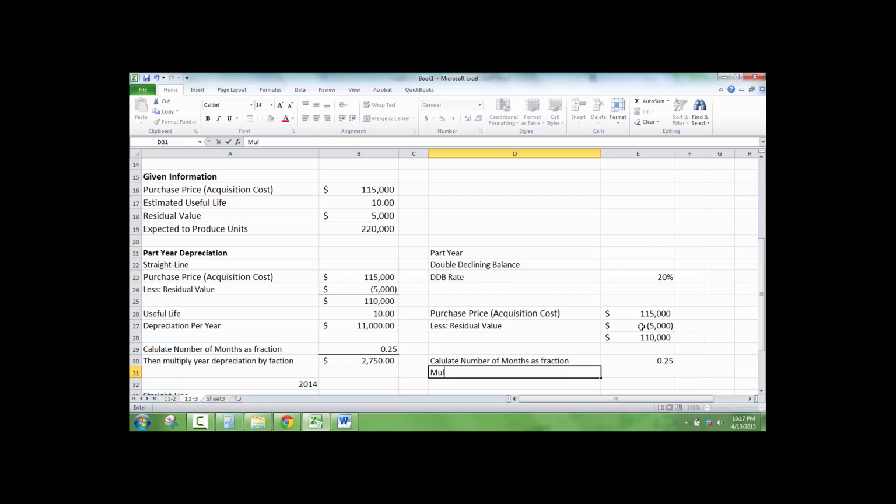So multiply DDB rate times, so we don't take away the residual value here. Acquisition cost times the fraction. This times our fraction.